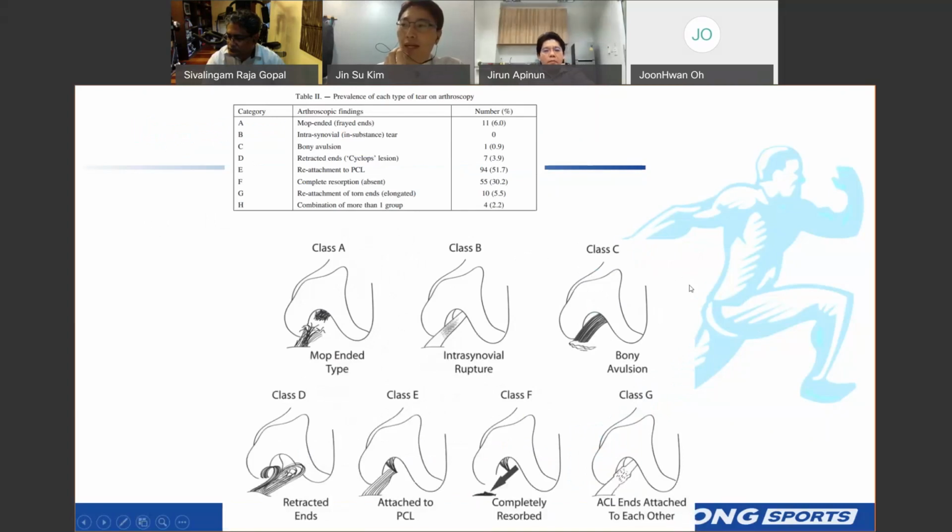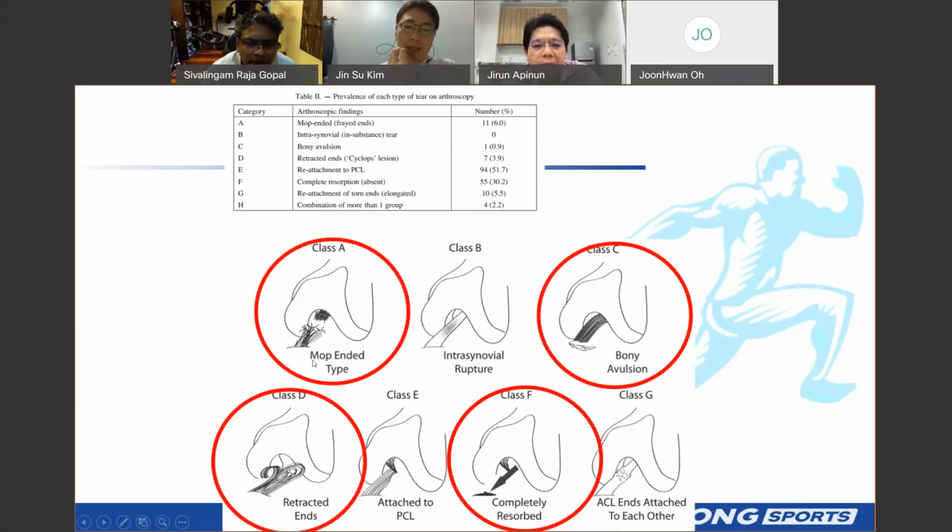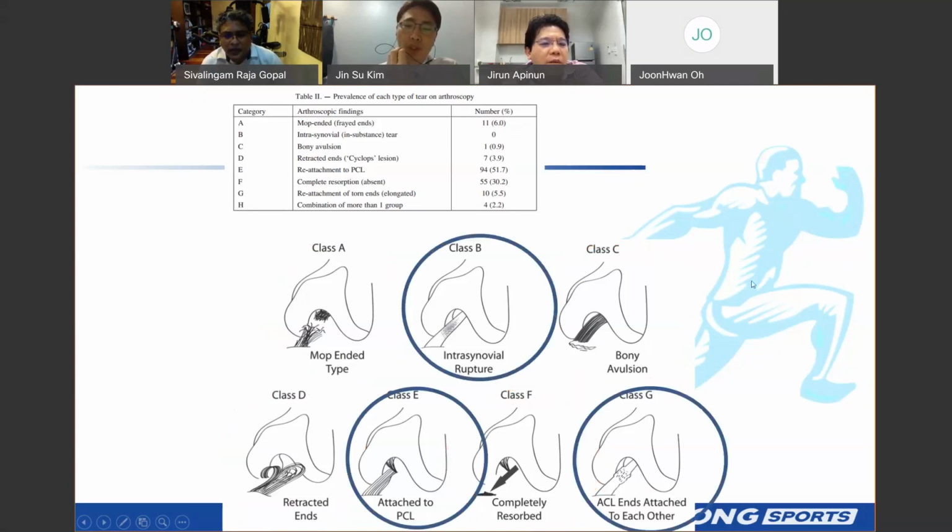And another MRI study reported the intra-articular morphology of a torn ACL. They divided two groups. One is this kind of mop-type end tear and bony avulsion, where the ACL is retracted and completely resolved. There is some morphologically expected poor outcome. Group 2 is intrasynovial rupture, attached to the PCL, with the ACL and PCL attached to each other, even though completely torn.